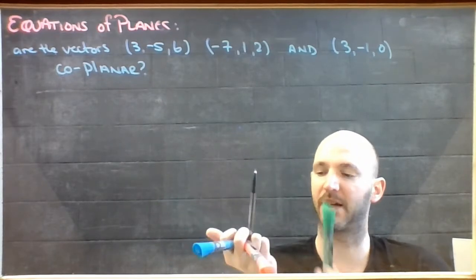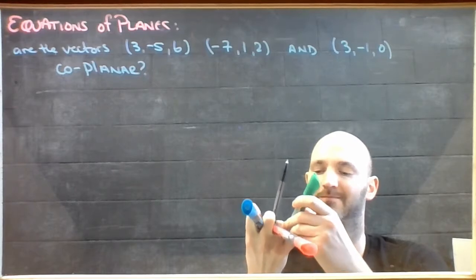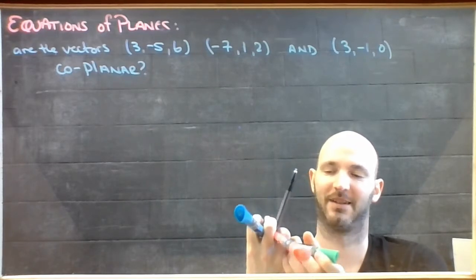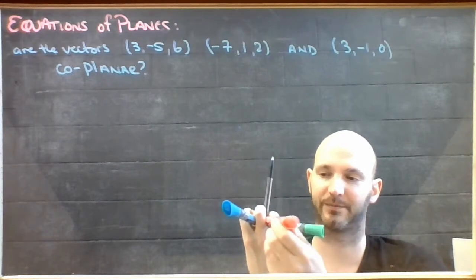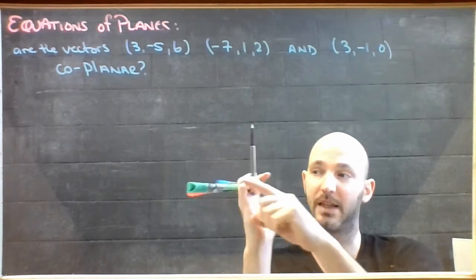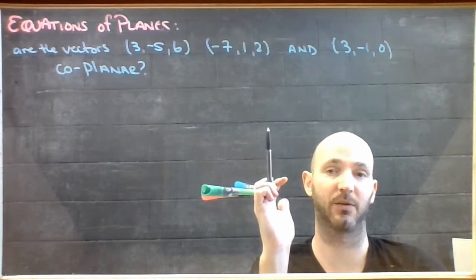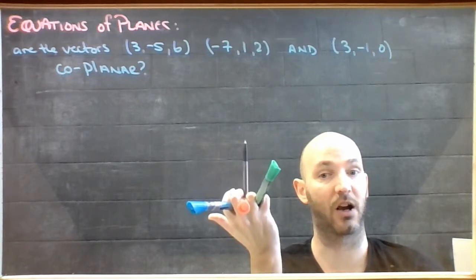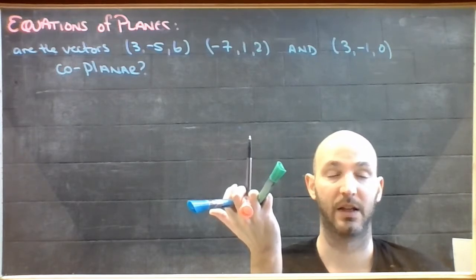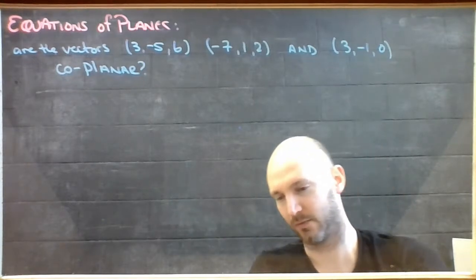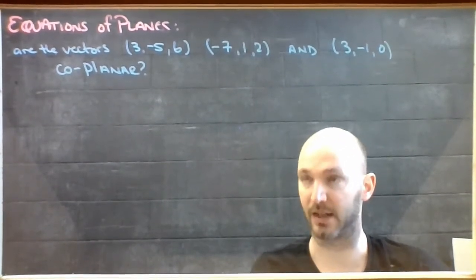If the third vector is coplanar, then it is also perpendicular to the normal. If it is not perpendicular, then it is not coplanar with the other two. So that's the logic. If I were to write that down in words, maybe it would make a little more sense.